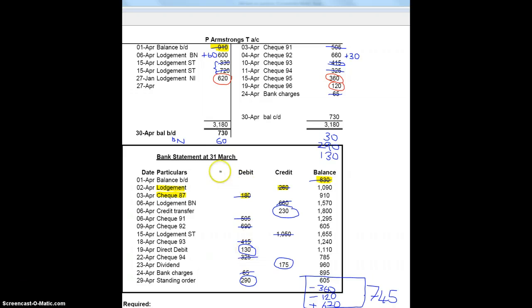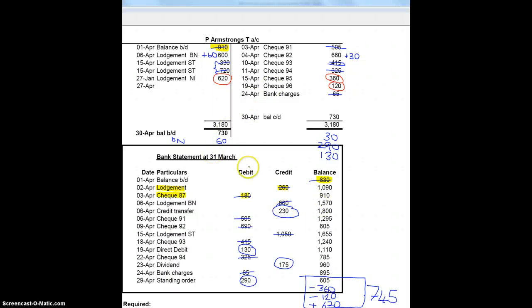And 130. And on the money in we had a credit transfer and a dividend. And all of these really are electronic payments, and it's because they're electronic that they were not recorded in the T account. The customer didn't actually lodge the money or write the check. The money was lodged in electronically or paid electronically, so that's why the customer forgot to record it.